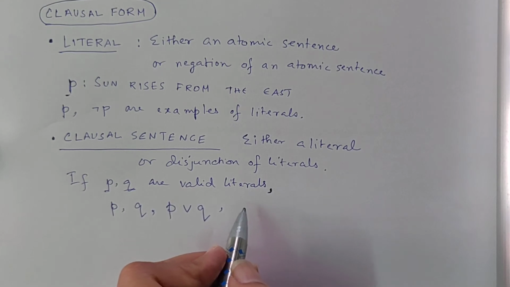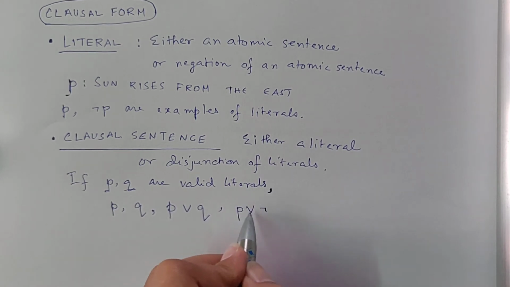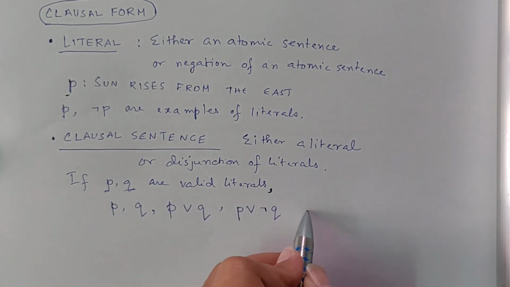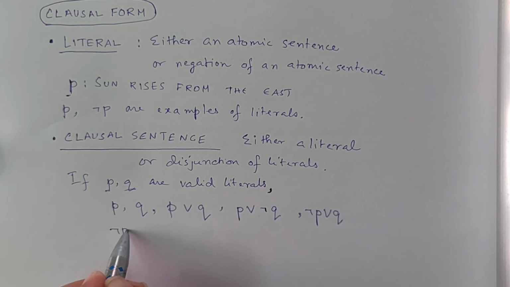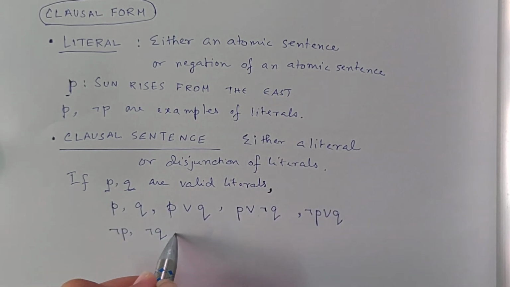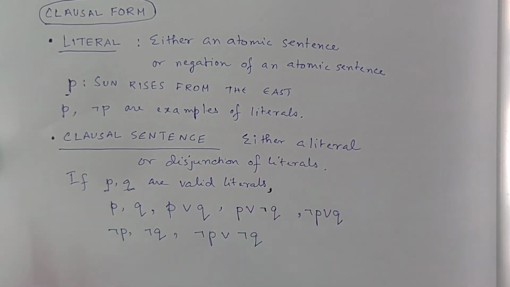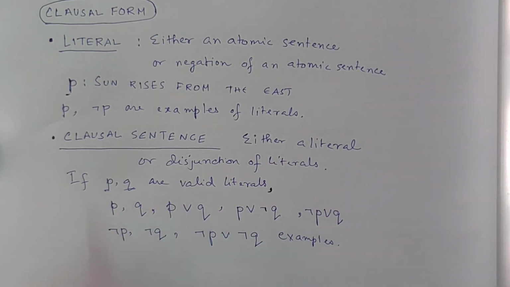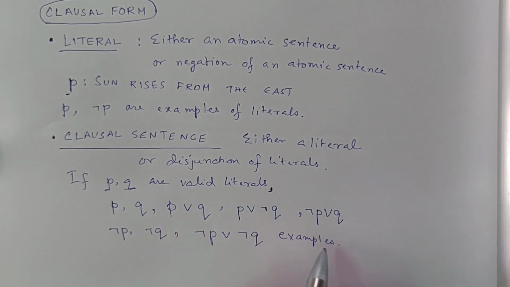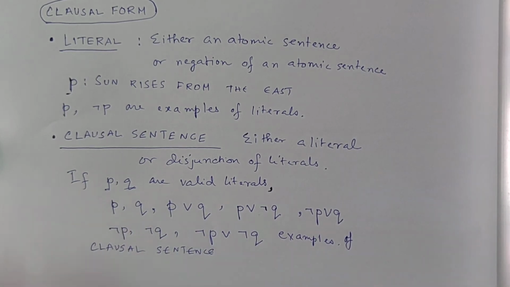Then P or not Q, not P or Q, not P or not Q, all are examples of clausal sentences. Right.